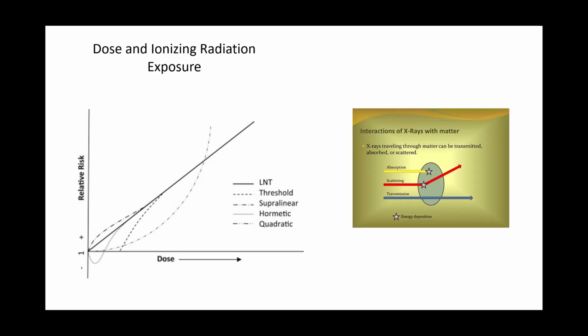There are a number of major theories or models about dose and ionizing radiation exposure. Here we can see 5 models looking at the dose and the relative risk of exposure of radiation to tissue. The 3 major theories or models are the linear no threshold dose, the threshold dose, and the hormetic threshold dose.